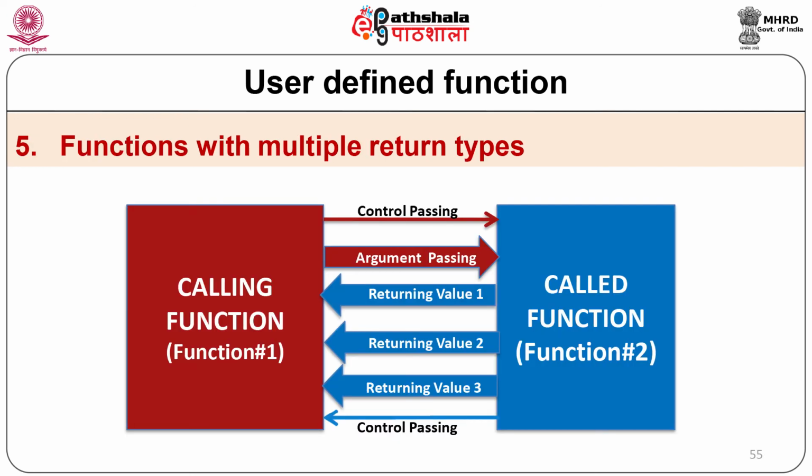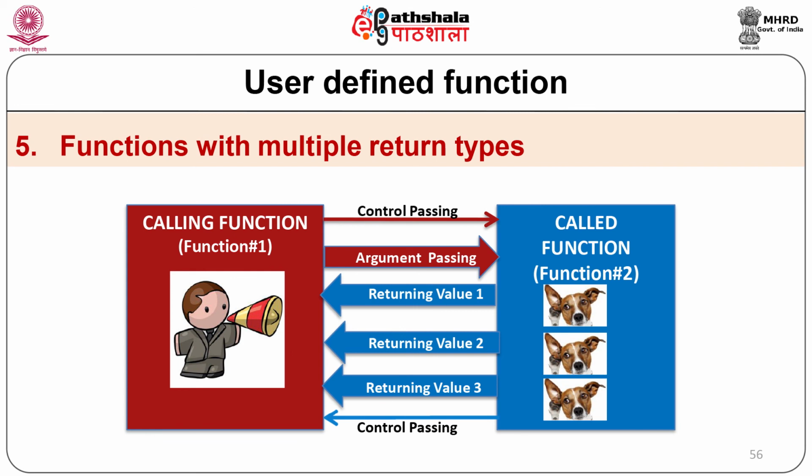Function with multiple return types. As you know, the calling function may send argument to called function or may not send argument to the called function. Depending upon the argument, the called function will process. But in this diagram you can see there are multiple returning values, 1, 2, 3, to the calling function, and control passes back to the calling function. This type of function is called function with multiple return values. You can see the picture.